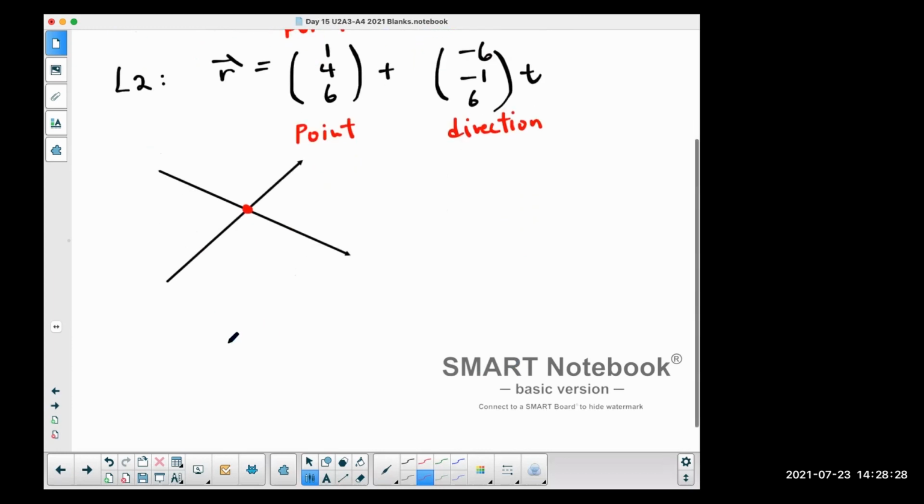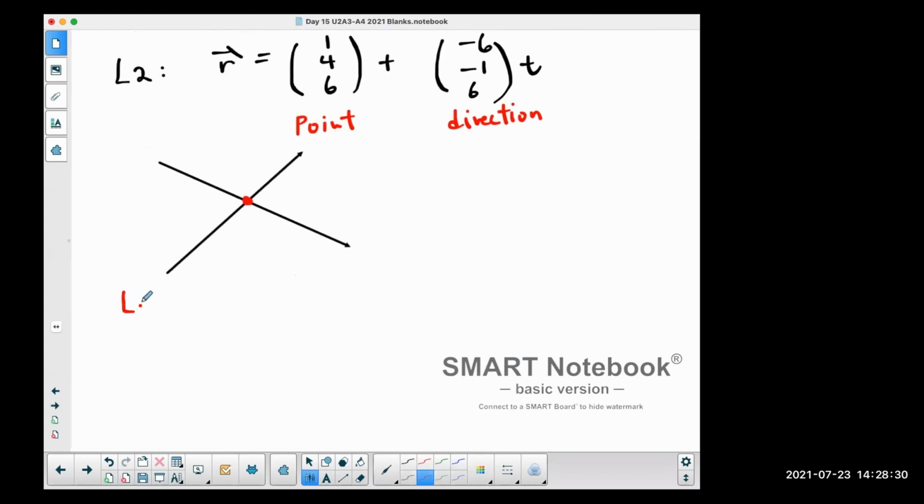So the process is you let x equal x, y equal y, z equal z. For line 1, the x value is going to equal the line 2 x value. If they all equal each other, you have a point of intersection. If one of them does not equal, then they don't intersect, and they're skew lines.